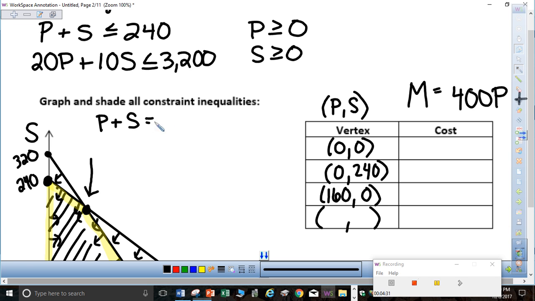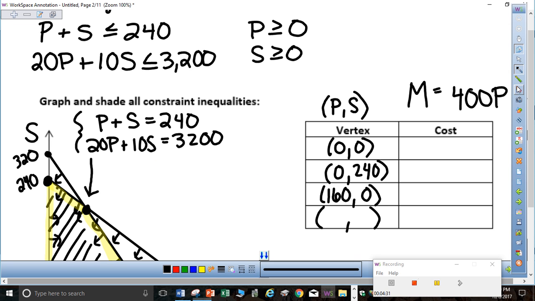So we have P plus S equals 240 and 20P plus 10S equals 3200. So we're going to solve the system of equations because the solution to a system is the point of intersection of the two lines. And you can solve that using substitution or elimination. I really like elimination, so I'm going to do that.